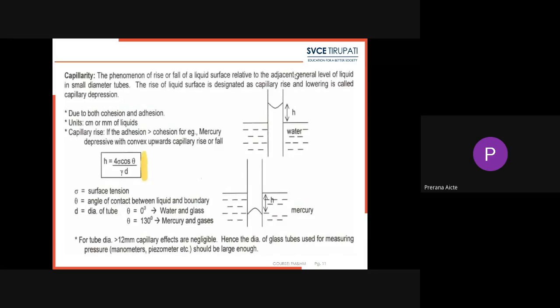To calculate the capillary rise, the formula is H equals 4 sigma cos theta by gamma D, where H is the capillary rise, sigma is the surface tension, and theta is the angle of contact between liquid and boundary.